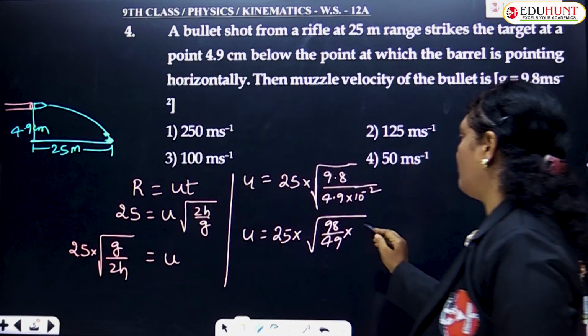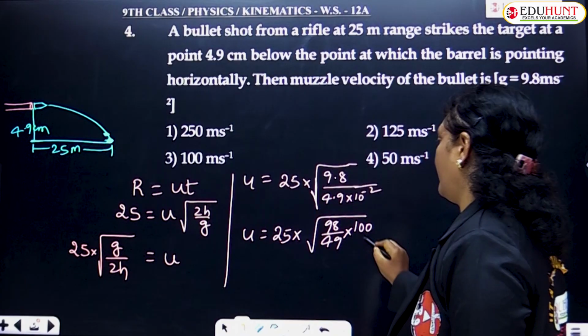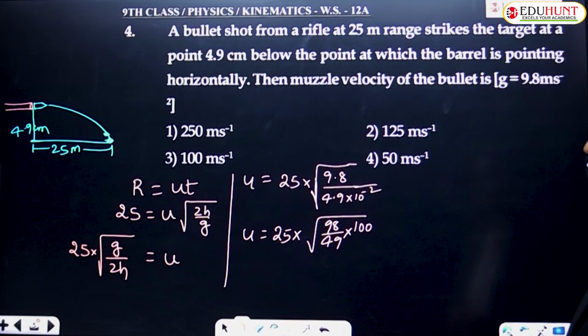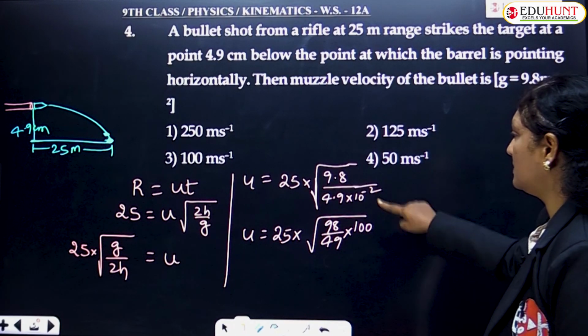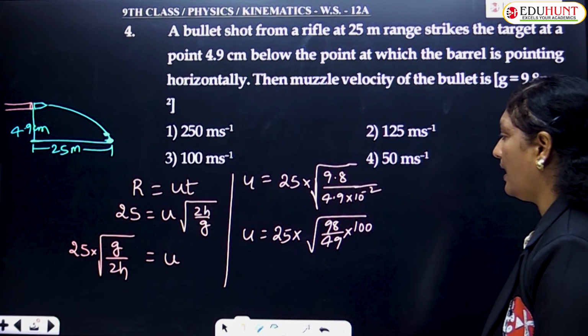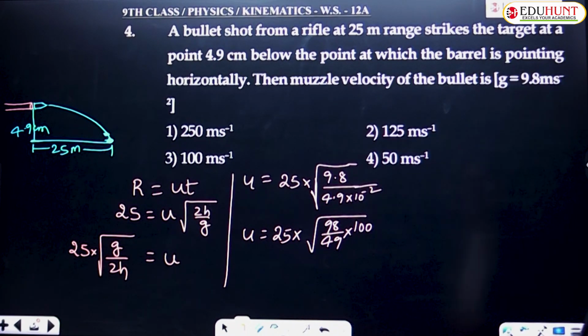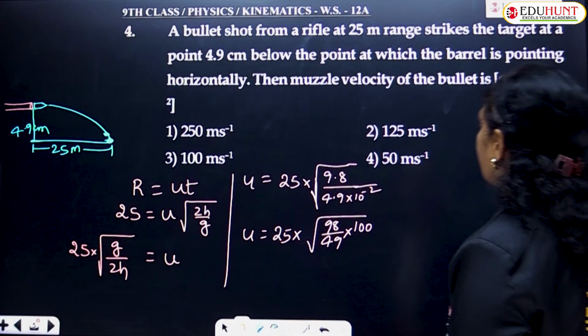If it goes upward, then it will become 100. Is that clear, children?